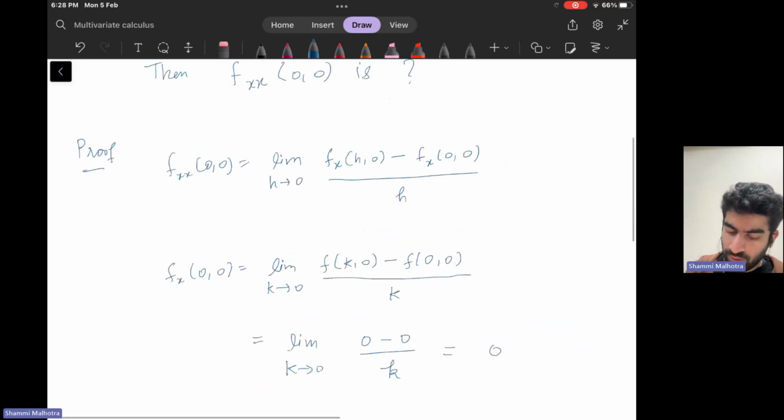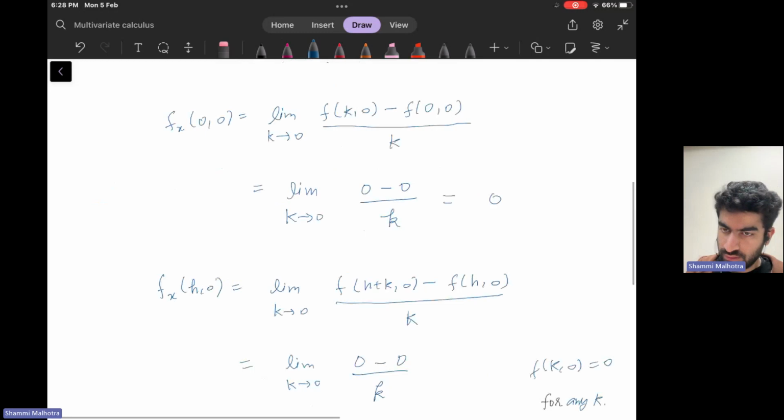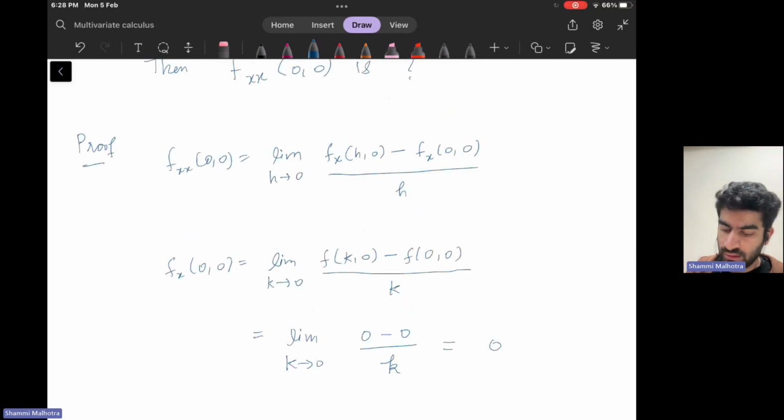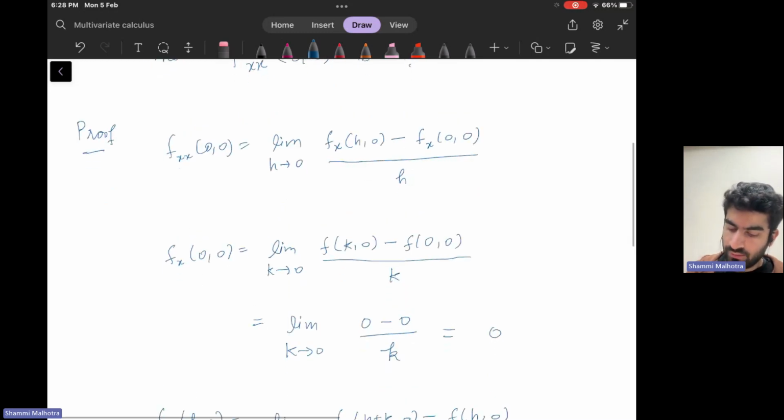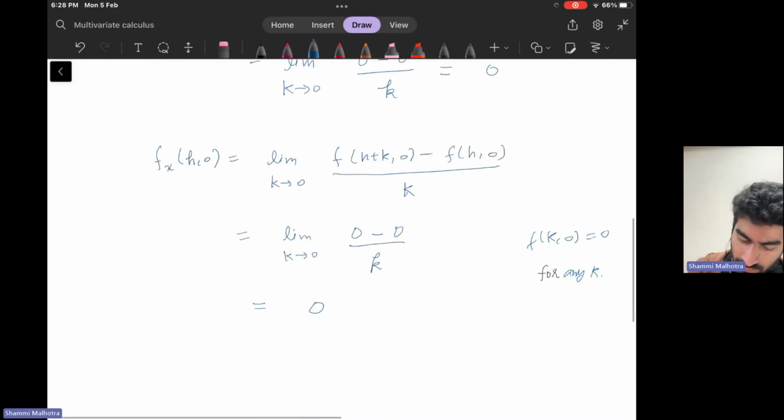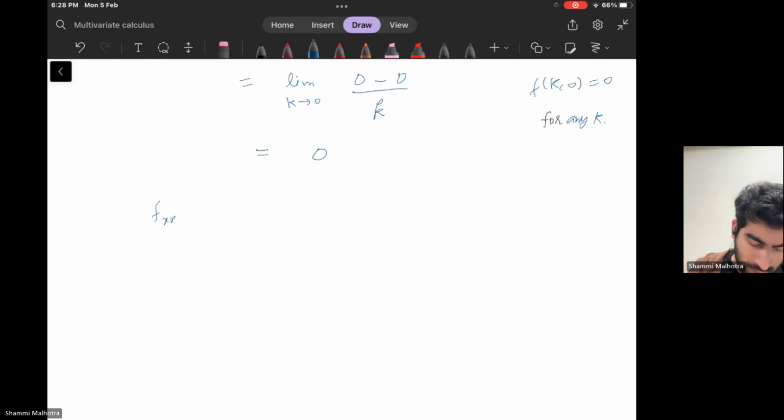So we just plug in these values in our definition of the second partial derivative with respect to x. We have calculated that the first expression is 0 and the second expression is also 0. So fxx at (0, 0) will be the limit as h tending towards 0 of 0 minus 0, whole divided by h, and this turns out to be 0 only.